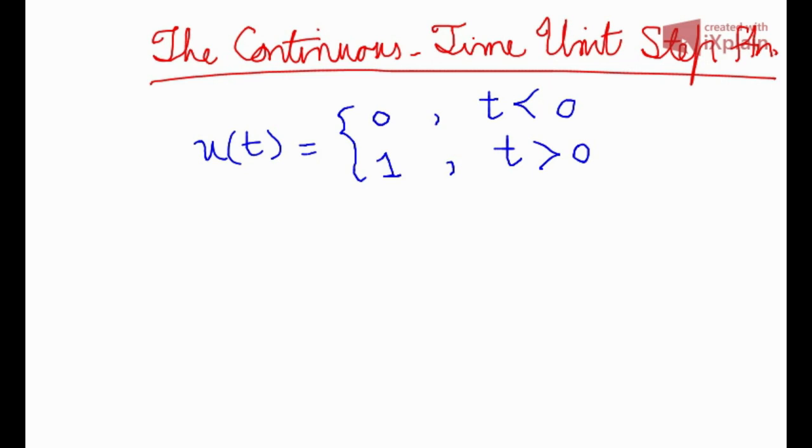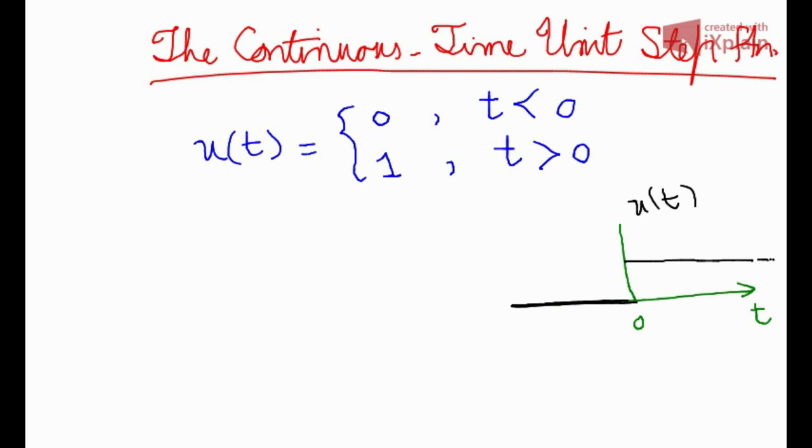If we want to plot this function graphically, we can plot it easily on a time axis. We have a time axis, and suppose this is the 0 instant. We are interested in plotting u of t. It has value 0 when time is less than 0, and value 1 when time is greater than 0.